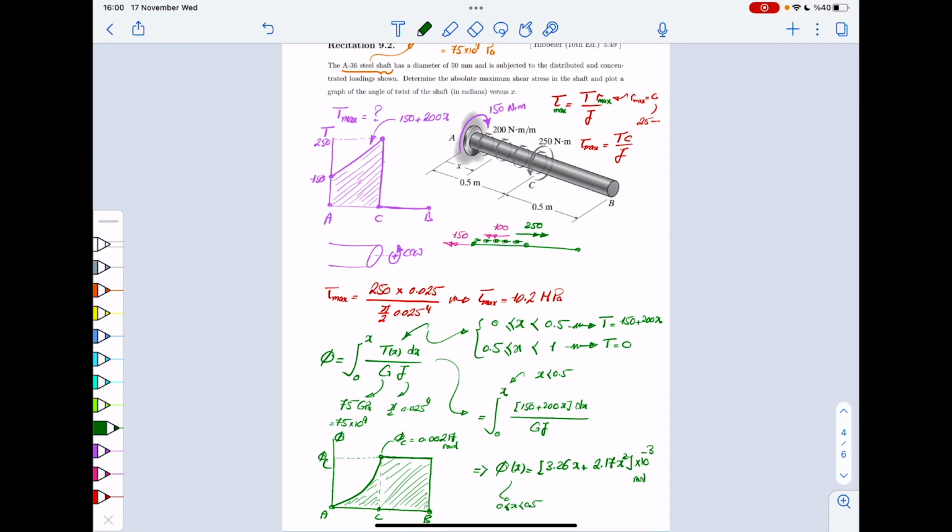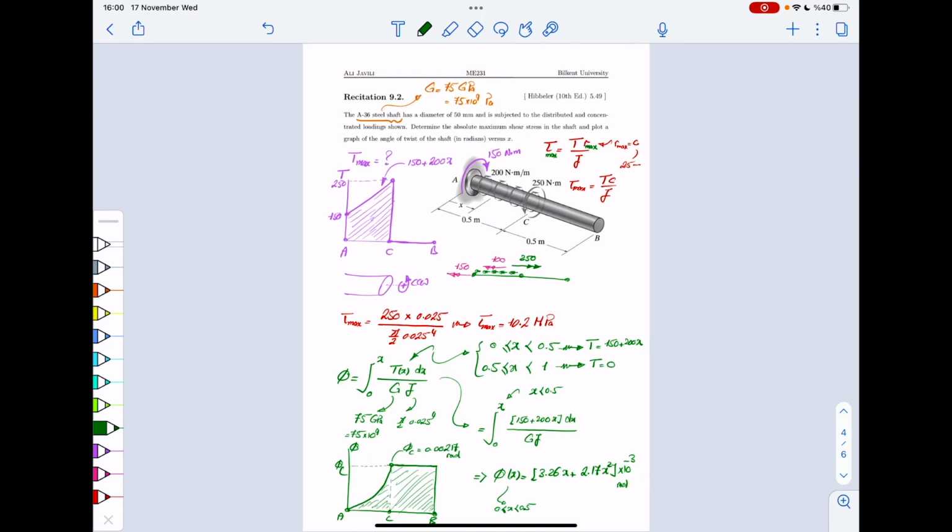Now, just before we jump to the next example, maybe you have a good feeling that, when your internal torque is linear here and is 0 here, maybe you expect to have a quadratic line for angle and a constant here. So it kind of tells you that your T is something like your phi prime, okay?